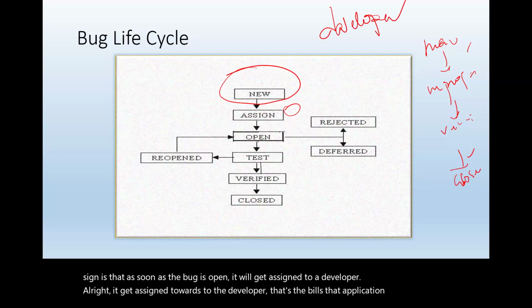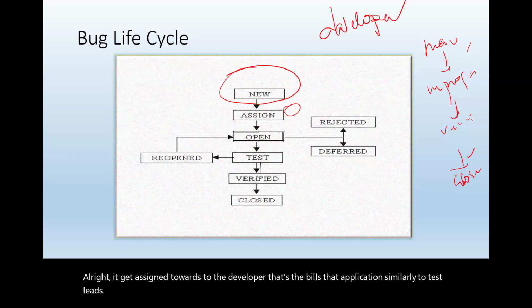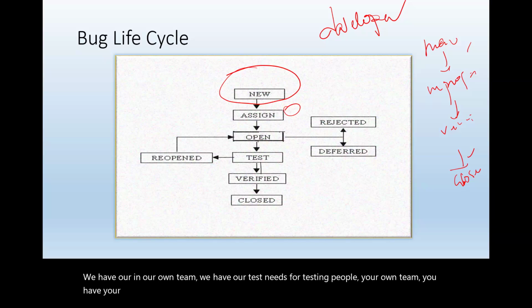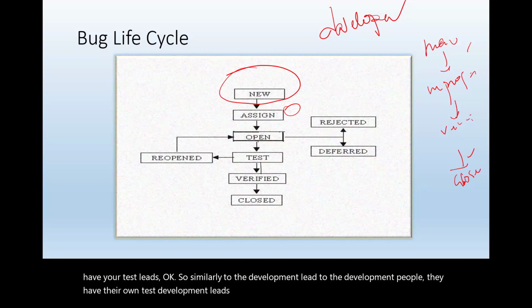Similarly to how we have test leads in our own testing team, the development people have their own development leads. The development lead will assign the bug to one developer in his team.